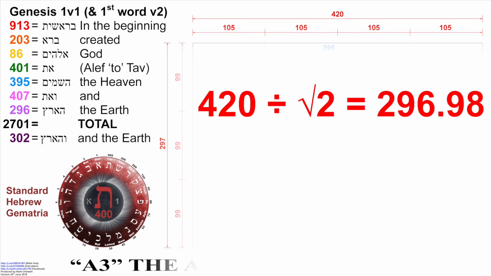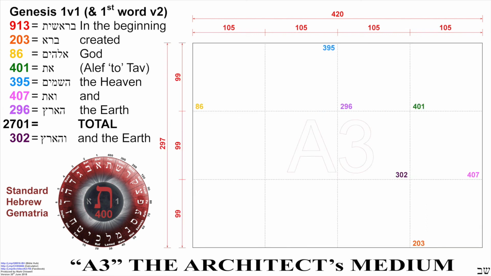However, if that number is simply taken as an integer without rounding up, that is the same value as the standard Hebrew gematria for the earth, as shown by the light purple 296 shown on the left.